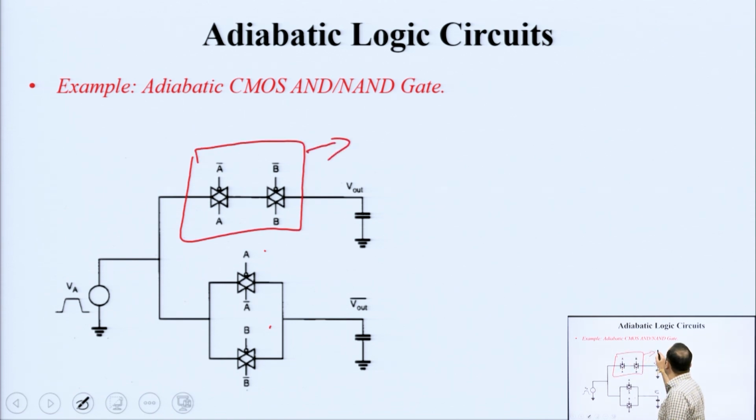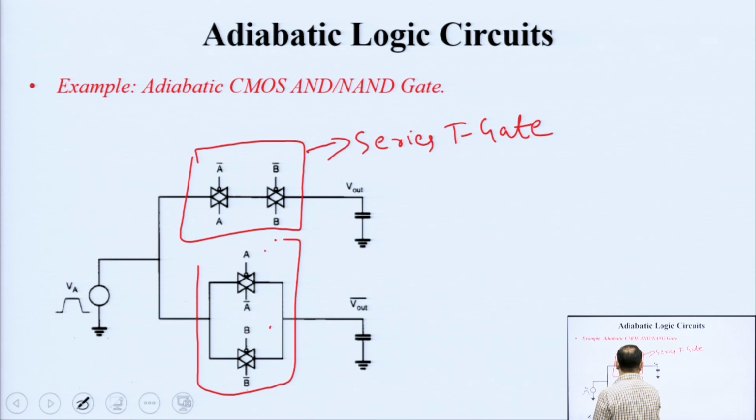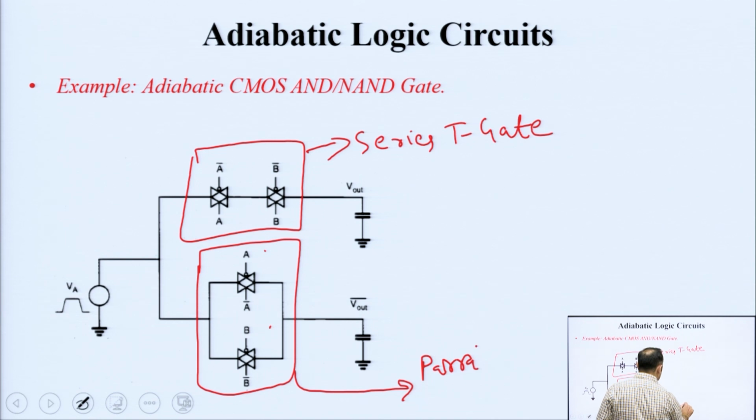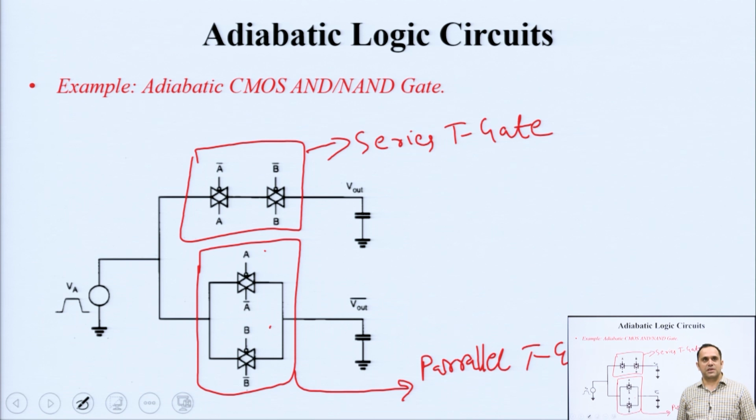There is a series network here. So, you have a series network of transmission gates plus you have a parallel network of T gates. The series network is basically performing the AND operation between A and B. So, when both A and B go to 1, your signal gets transmitted and your output gets charged.